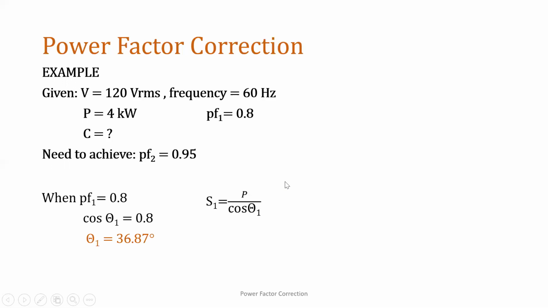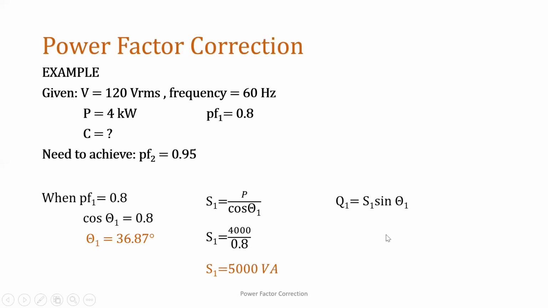Next, let us solve for the apparent power. Apparent power is equal to real power over power factor. So we have 4,000, this is fixed, divided by 0.8, our current power factor. So apparent power is 5,000 volt amperes.